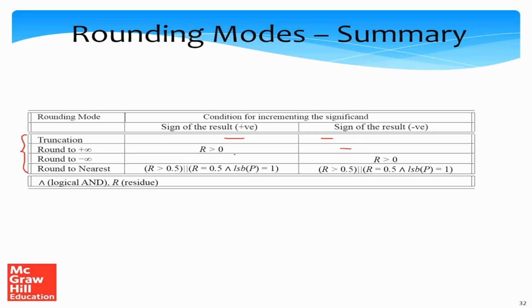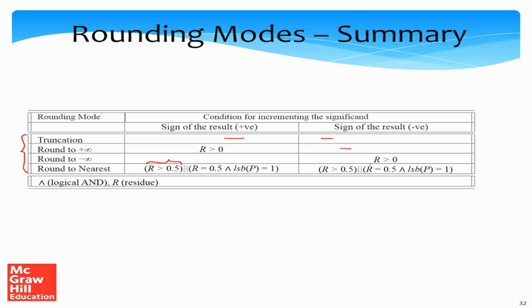And round to minus infinity is just the reverse of round to plus infinity. Round to nearest is somewhat tricky. There are two cases. We need to check if the residue is greater than 0.5, then we increment the significand. If the residue is 0.5 and the significand is odd, then also we increment. And this is the same condition for both positive as well as negative results.